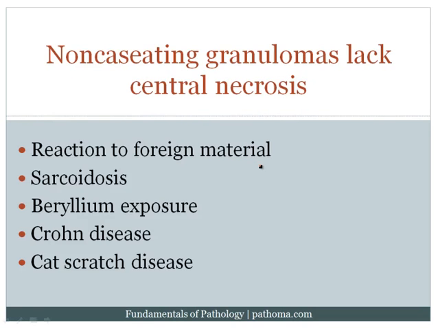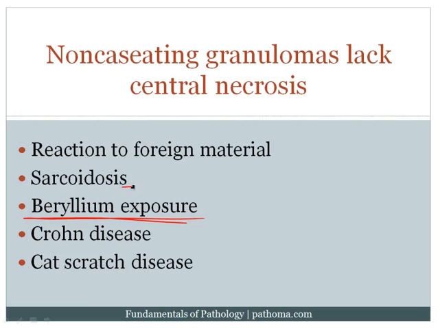So that's one example. Another example would be sarcoidosis. Sarcoidosis is a disease that we'll talk about when we do respiratory. However, its characteristic hallmark is the production of non-caseating granulomas in multiple tissues throughout the body, in particular the lung. Beryllium can also cause the formation of non-caseating granulomas, predominantly within the lung, but in other tissues as well.